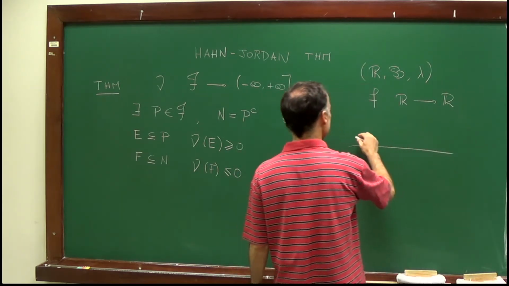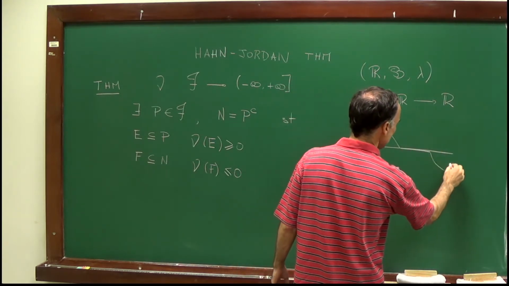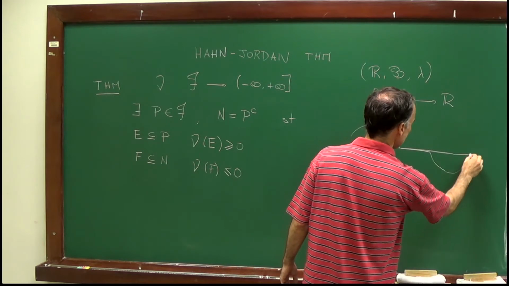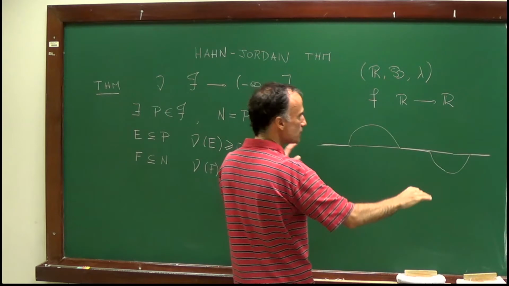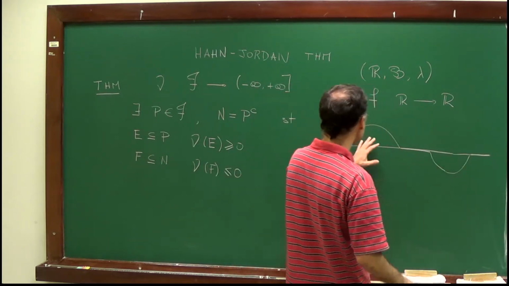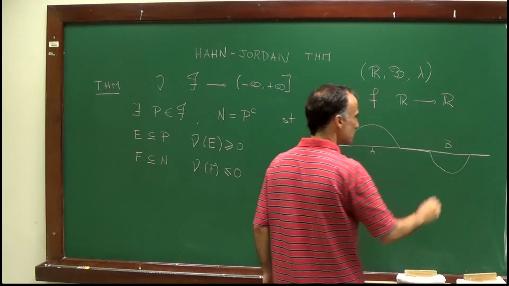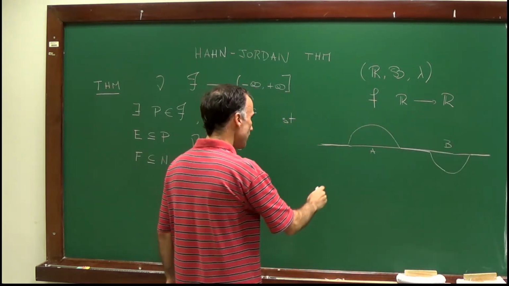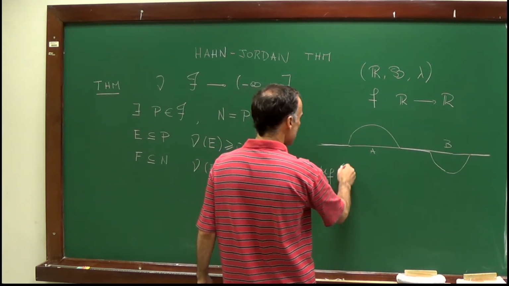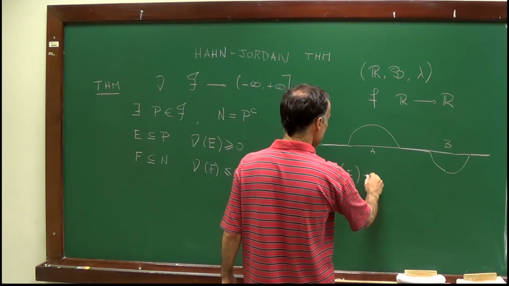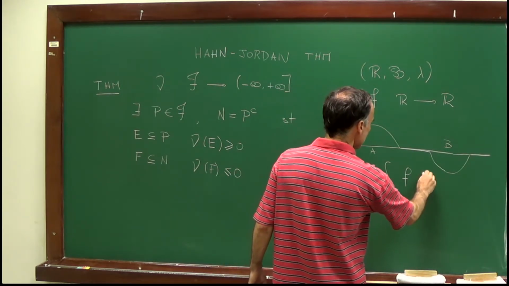So here's an example of a function. It's equal to 0 everywhere, except there is a set A in which it is strictly positive and a set B which is strictly negative. And let me define a measure mu associated to f. So this measure mu associated to f is just the integral of f on the set E with respect to the Lebesgue measure.